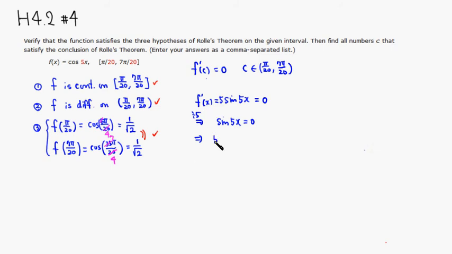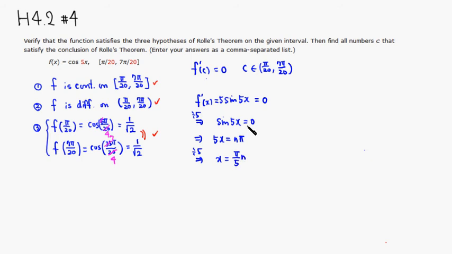So we have 5x equals n pi, where n is any integer. We can just divide through by 5 to get x equals pi over 5 times n.